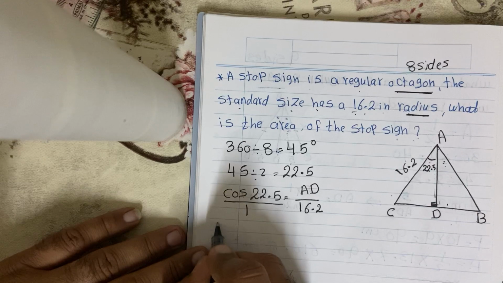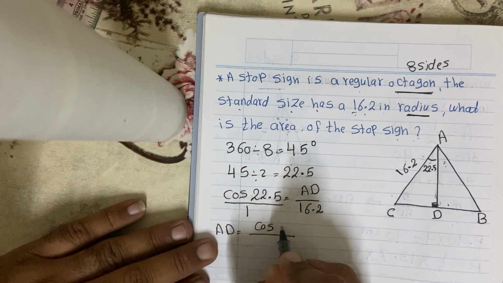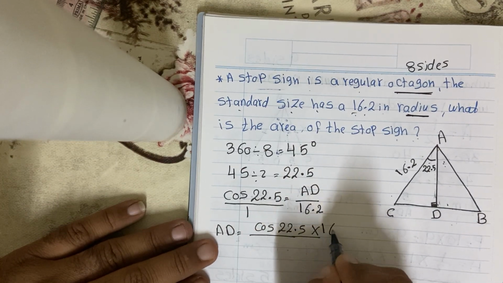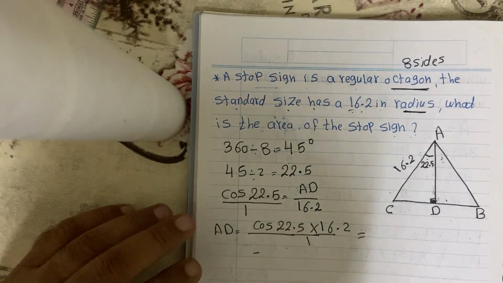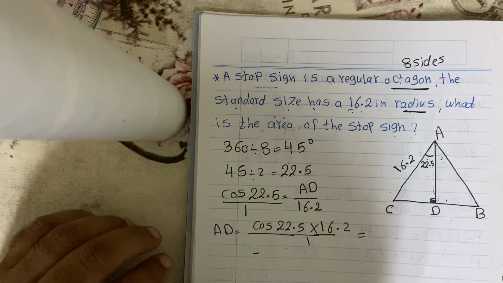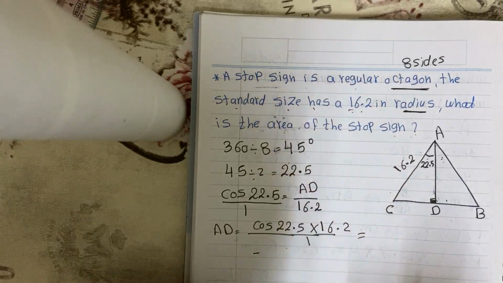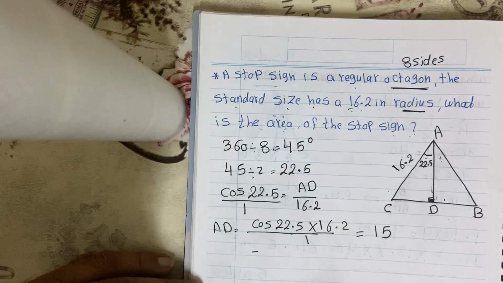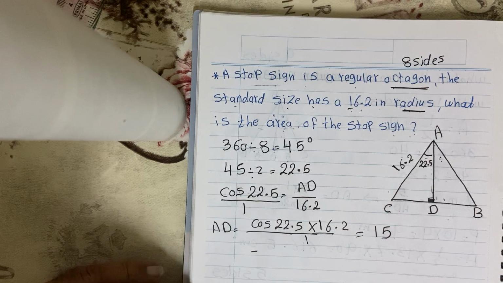So AD, the apothem, equals cosine 22.5 times 16.2, which is approximately 15. So the apothem now is 15.